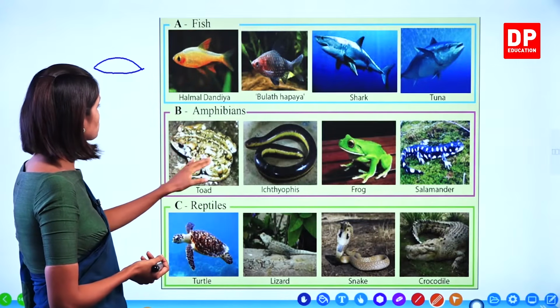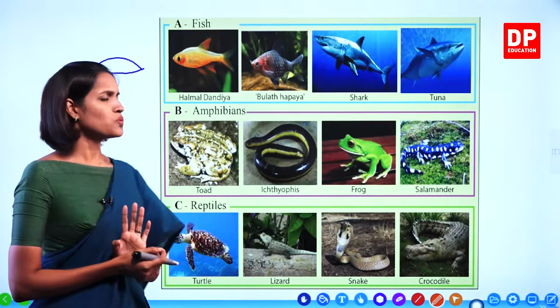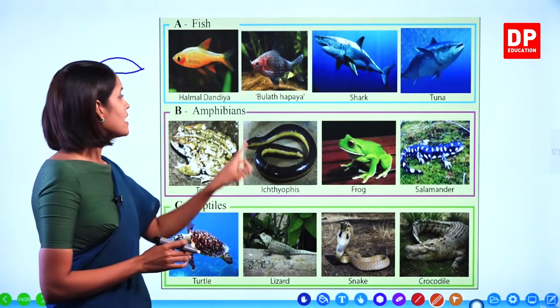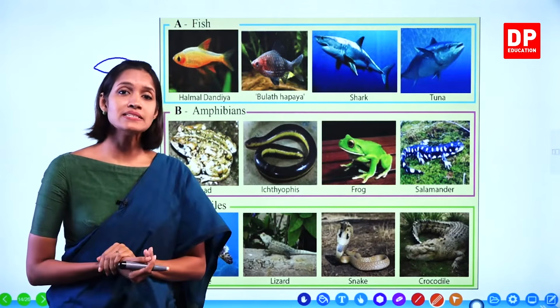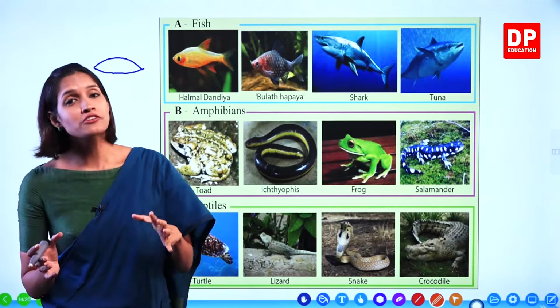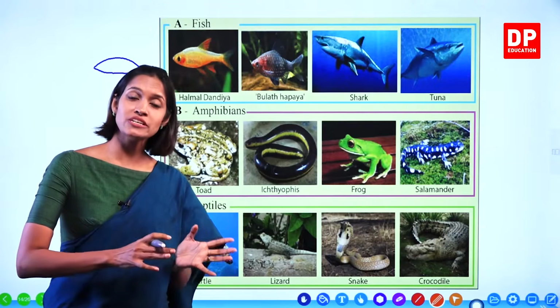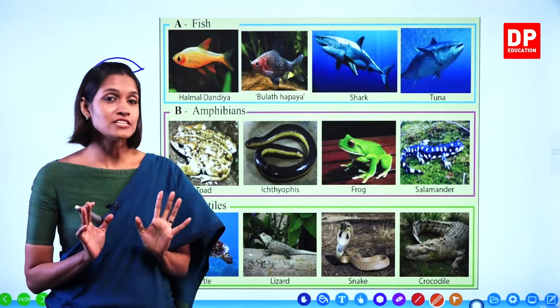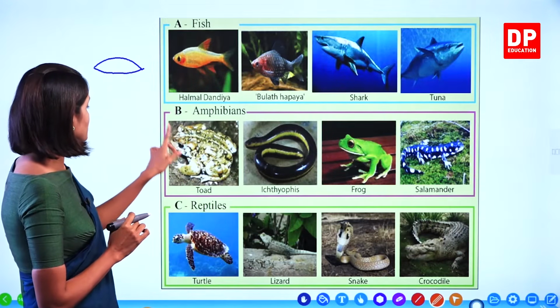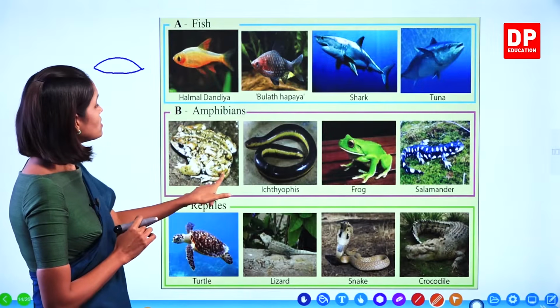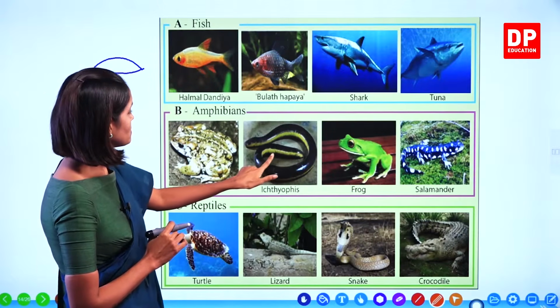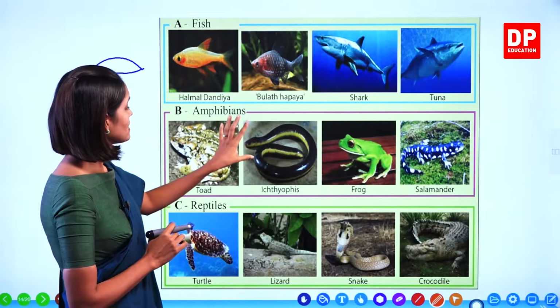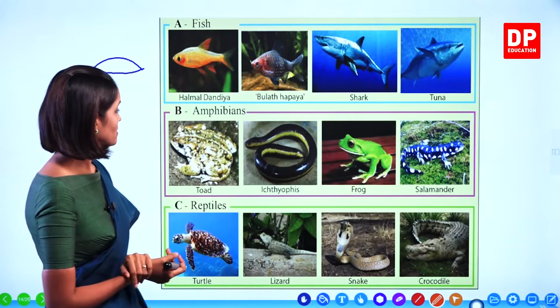What is the second group? Amphibians. What are amphibians, children? Amphibians are the animals that complete one part of their life cycle in water and the other part of the life cycle on land. Okay, children. So what are the examples? Here, toad, Ethiopis. Here, look, it has a wet body. Its body looks like a worm, right?